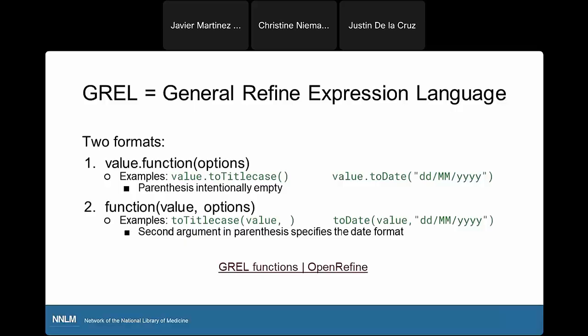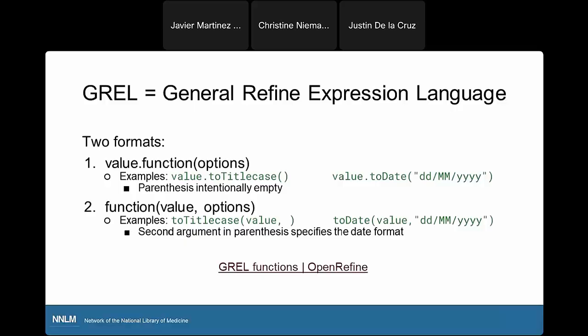So for examples of this first kind of format, you can see value.toTitleCase with parentheses. That's the GREL expression that's happening underneath when we're doing the common transformation toTitleCase. And those parentheses are intentionally left empty because that's just running the default toTitleCase function.